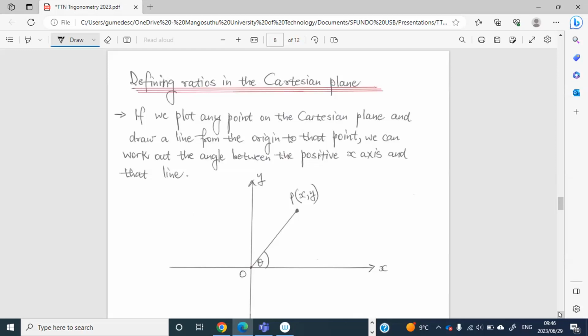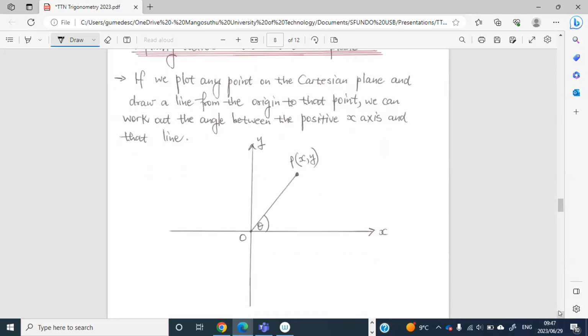You understood very well. So remember that in the previous pages we were defining trigonometric ratios in a right-angled triangle. You can also define trigonometric ratios on a Cartesian plane. I made some examples here.